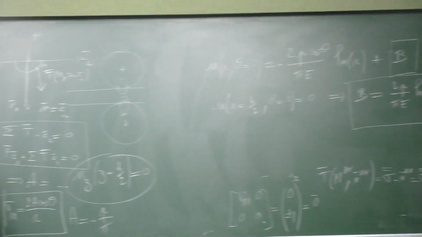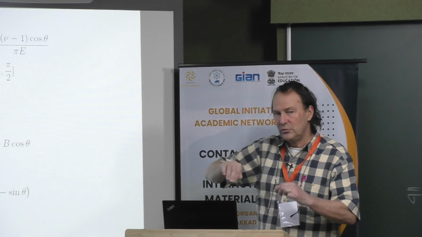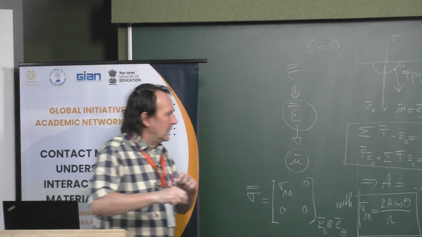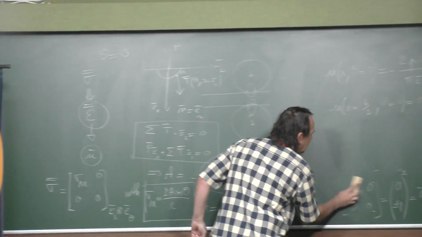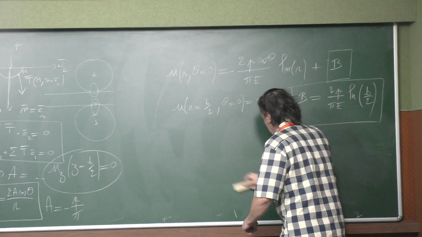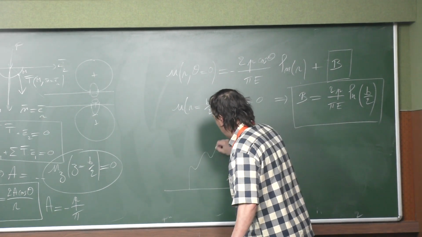This is not really finished because this is only for a point load, but now you have a distribution of load. Then in principle, what we do next is we have a pressure distribution like that.